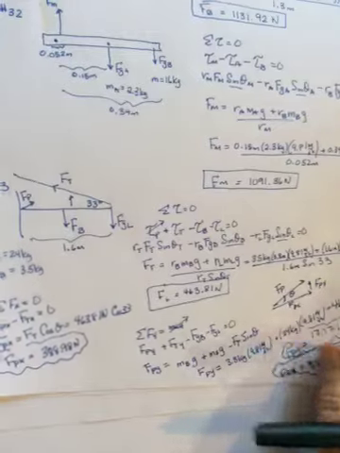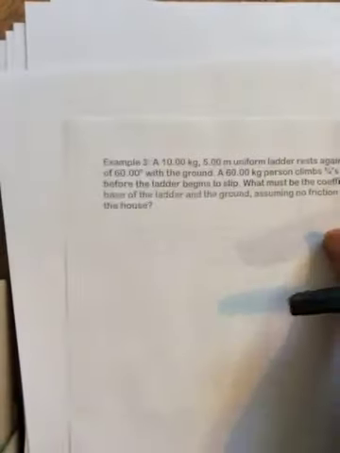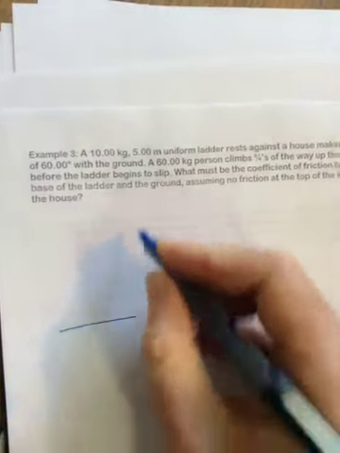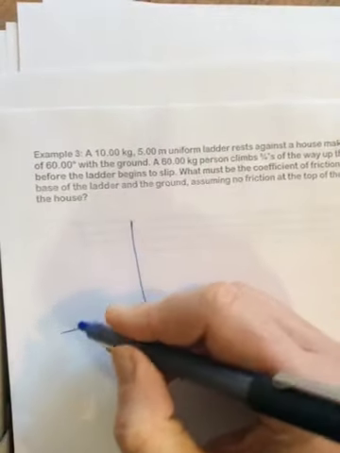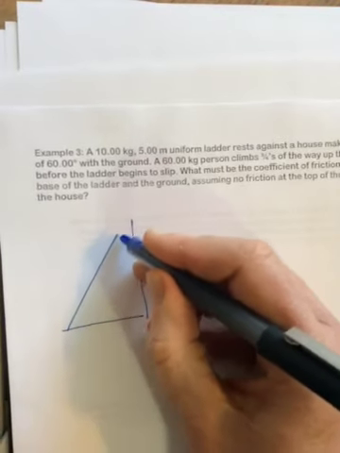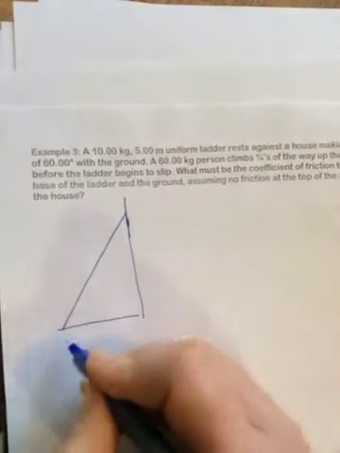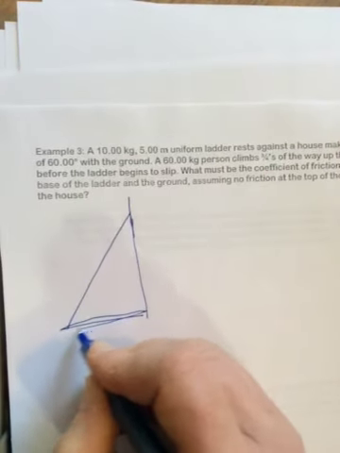One new piece, one new type, and it's actually example 3 on the sheet that we had from Friday. So the back side of the sheet, and it's a ladder. Okay, so here's my building, here's my ladder, and my ladder's leaning against the wall of the building, or the tree.